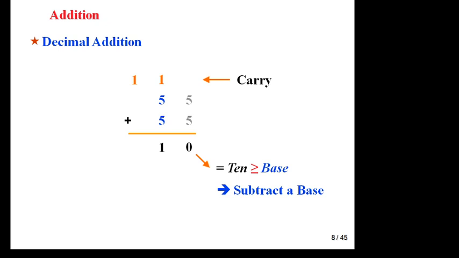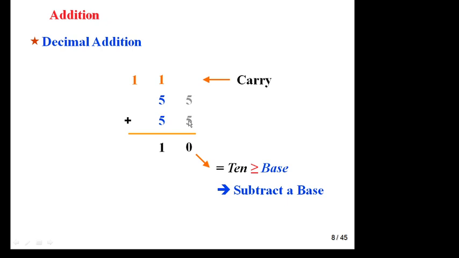This method is applicable to all number systems. If the value of the sum after adding is greater than or equal to the base, you have to subtract that base. Suppose this number system is base 8, suppose 55, and this 55 is in base 8. How will you calculate? 5 plus 5, 10.